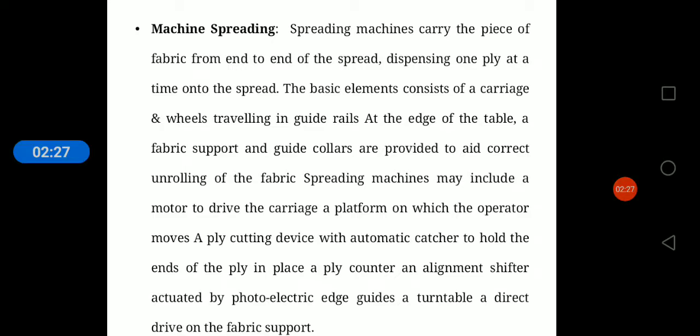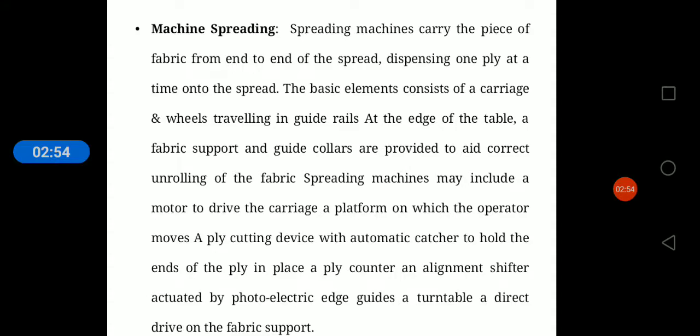So machine spreading means the machine carries the piece of fabric from end to end, dispensing one ply at a time onto the spread. The basic elements are a carriage and wheels traveling on guide rails. At the edge of the table, the fabric supports and guide rollers unroll the fabric. The drive motors unwind the fabric from the machines.